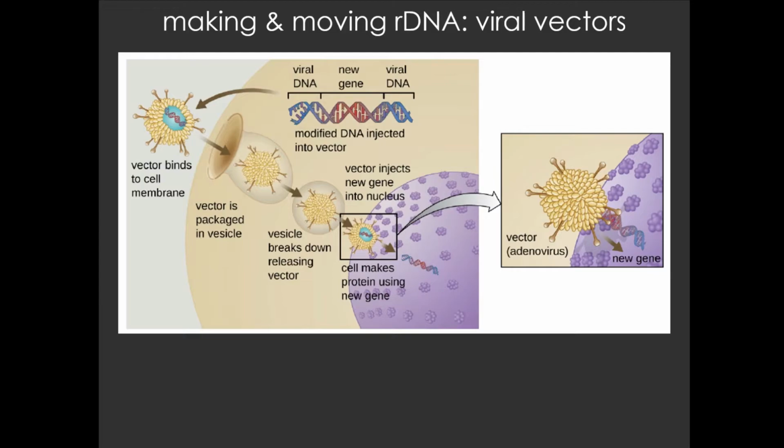And this has had some really amazing therapeutic success. It's not without its issues, but there has been some very successful gene therapy as a result of utilizing viral vectors to incorporate genes into a person who has a genetic disorder that results from their lacking a functional gene for a given phenotype.